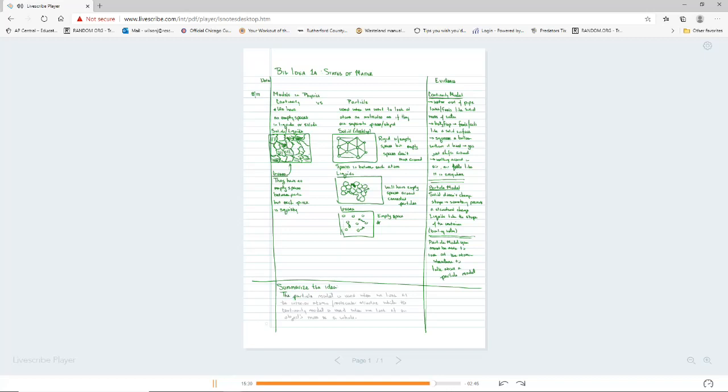The particle model is used when we look at the interior atomic or molecular structure, while the continuity model is used when we look at an object's mass as a whole.